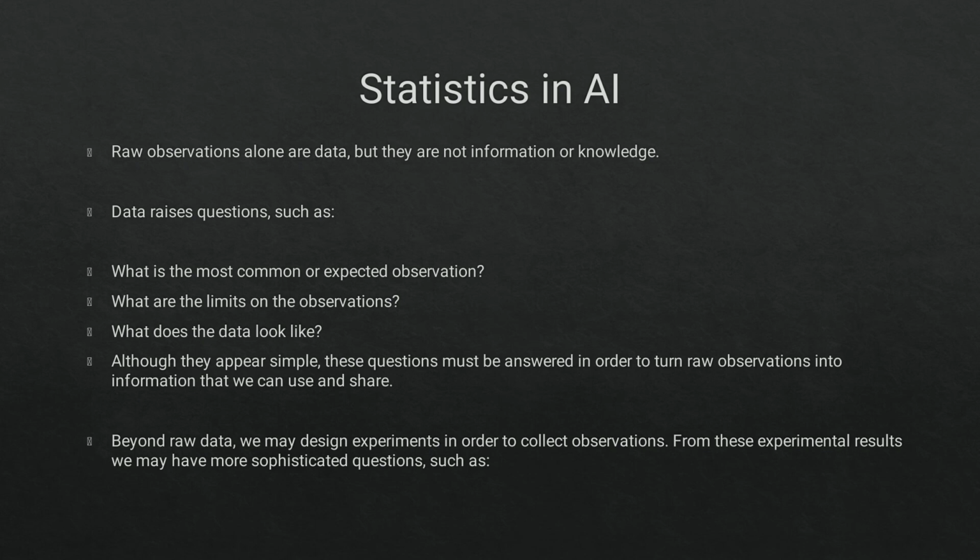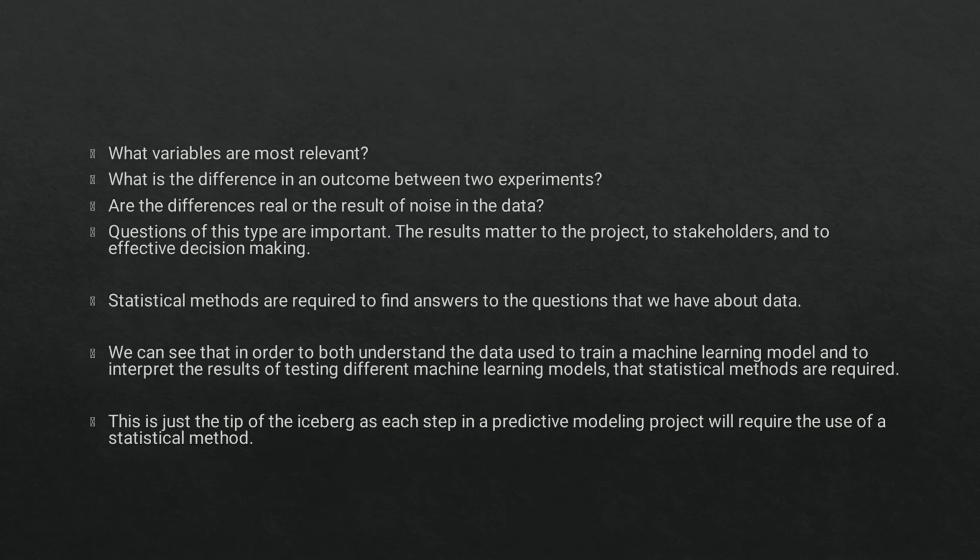We may have sophisticated questions such as what variables are most relevant? What is the difference in an outcome between two experiments? Are the differences real or the result of noise in data? Noise in data is like an error. Questions of this type are important. The results matter to the product, to stakeholders, and to effective decision making.